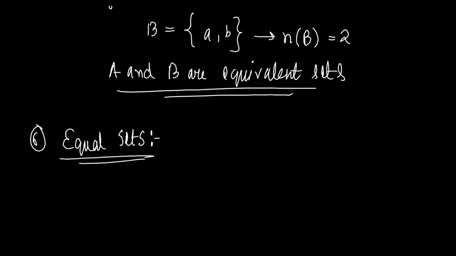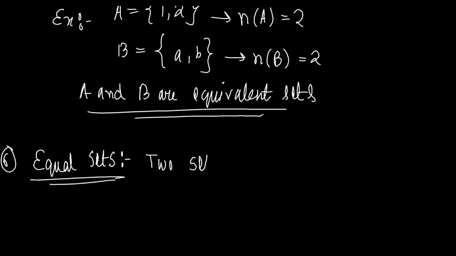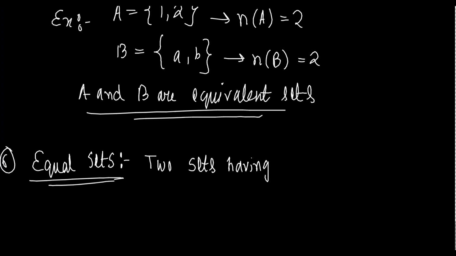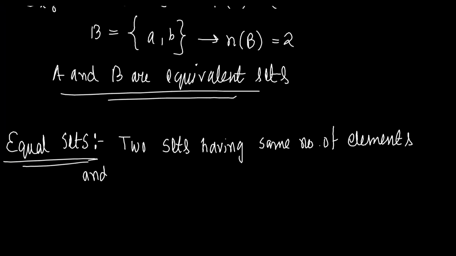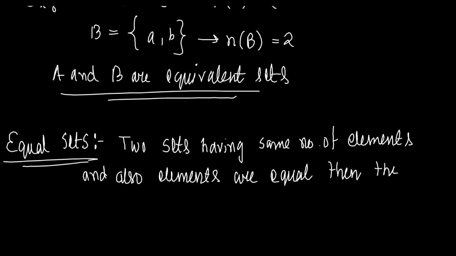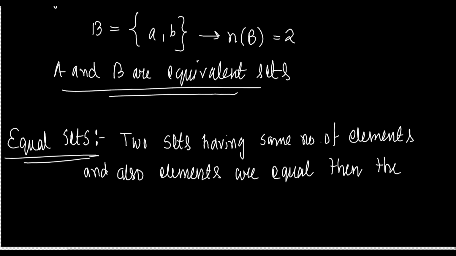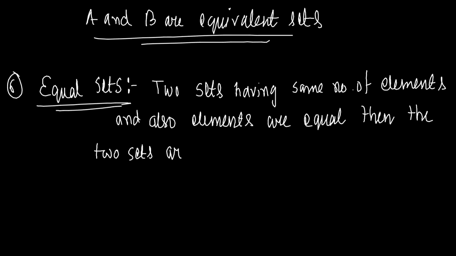Here the condition is that two sets having the same number of elements, and also the elements are equal, then the two sets are called equal sets.